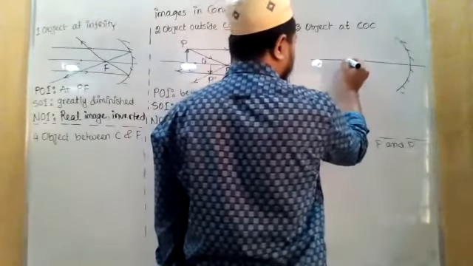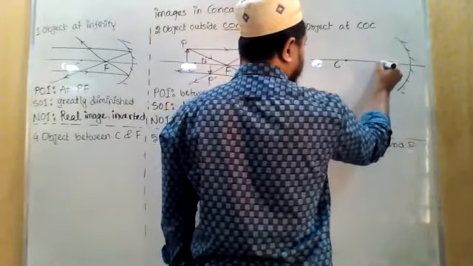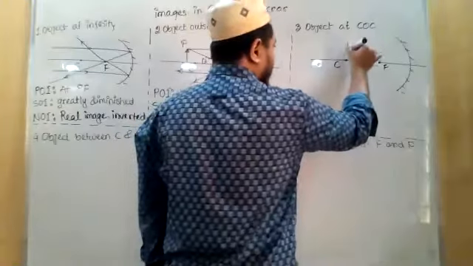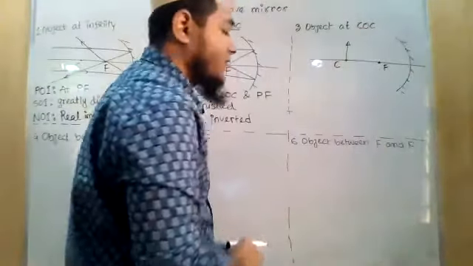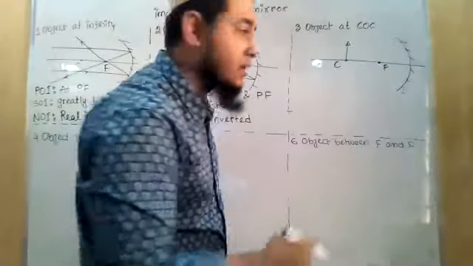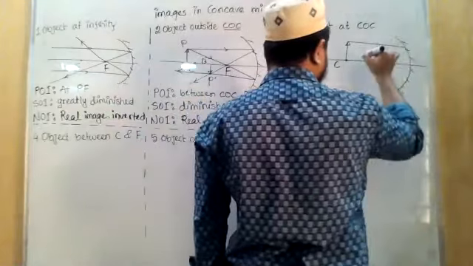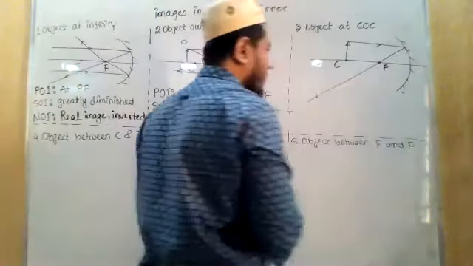Okay, so let us say this is the center of curvature C and this is F, and the object will be at the center of curvature. So the first ray, how will we do that? We will draw the first ray parallel to the principal axis. After reflection, it will pass through the principal focus.